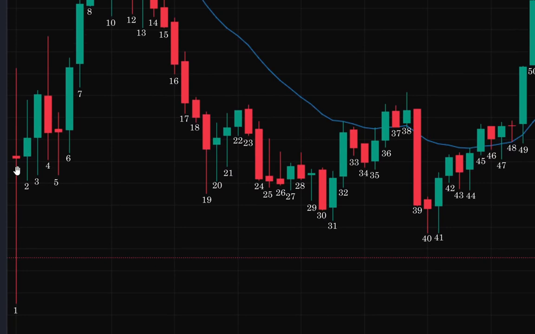Bar 1 is a doji bar, meaning there is a wick above and below, and bar 2 has a wick down, bar 3 has a wick down, and as you can see the bulls were trying to take the market up, but in the very next moment there is a bear bar with a long wick above it, so it means that there is a chance that the price will move down.